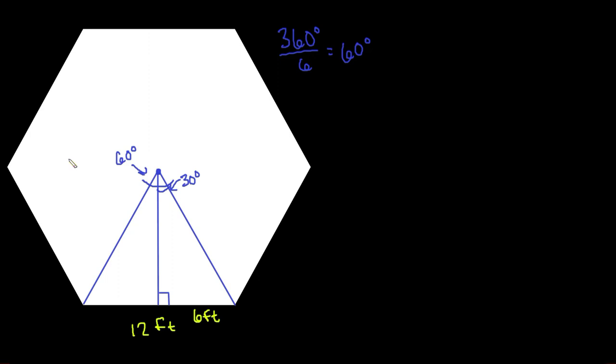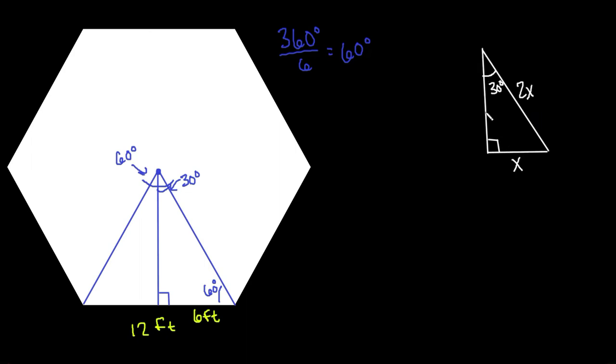Now if you remember your rules for triangles, this is going to be a 30, 60, 90 triangle. So actually, let me go ahead and go on that tangent real quick. For a 30, 60, 90 triangle, if you know the shortest side, x, which is opposite of the 30-degree angle, your hypotenuse, which is opposite of your 90 degrees, is going to be 2 times x.